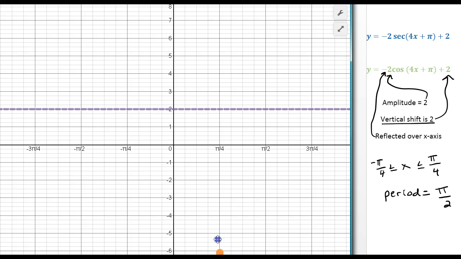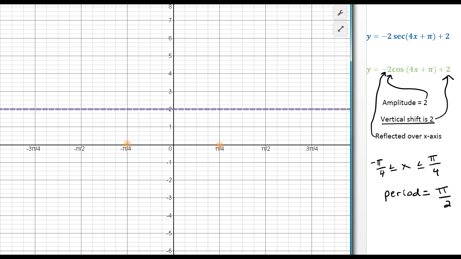So normally my first point would be up 2 units. It would be up at the top at both ends, but because it's being reflected over the x-axis, I need to go down 2 units on the endpoints.